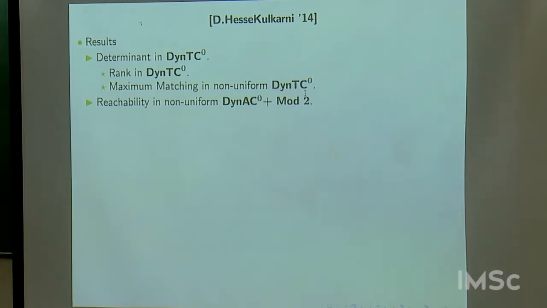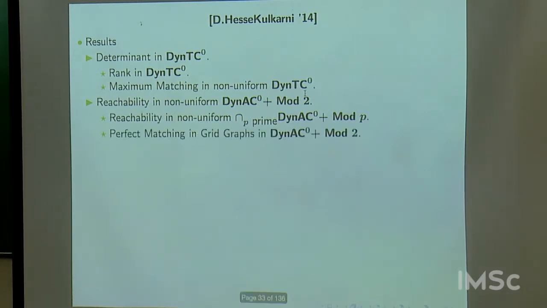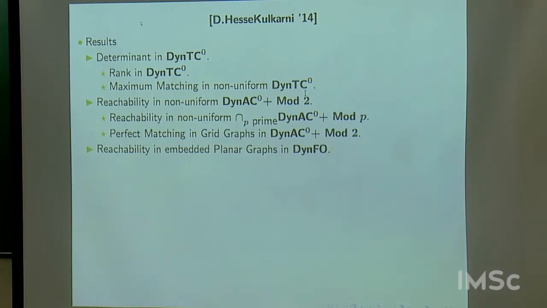The other result that I am not going to talk about in this talk is that reachability is in non-uniform dynamic AC0 mod 2, and in fact it is in dynamic AC0 mod p for every p, and some related results about perfect matching. Another result that I will not talk about is that reachability in embedded planar graphs is in dynamic first order. This is subsumed by a later paper.